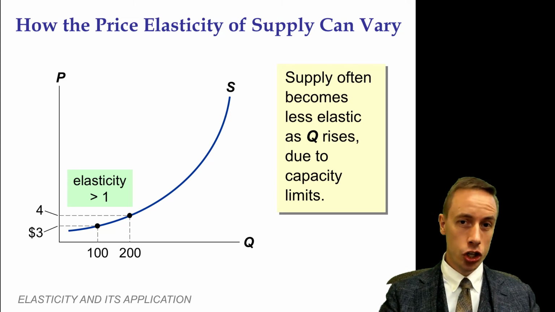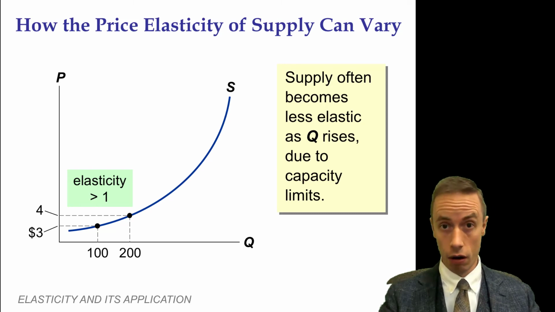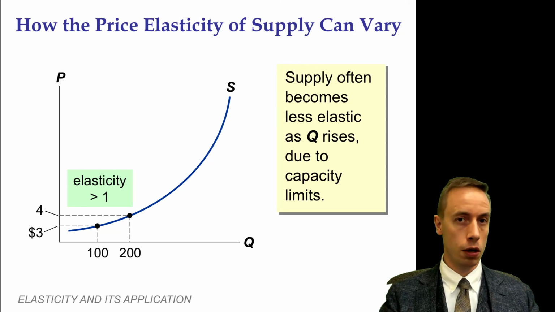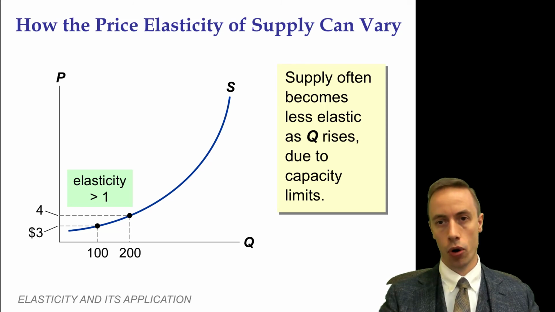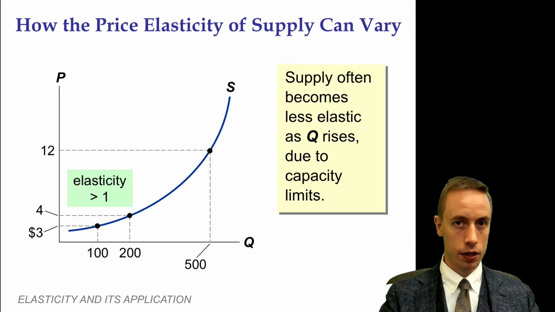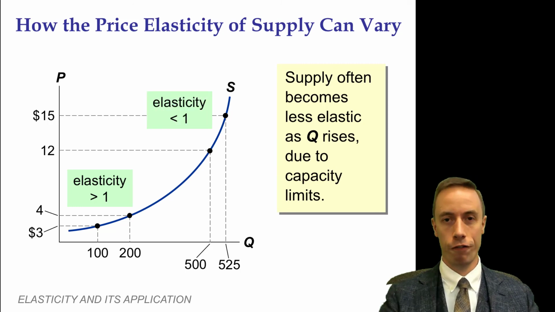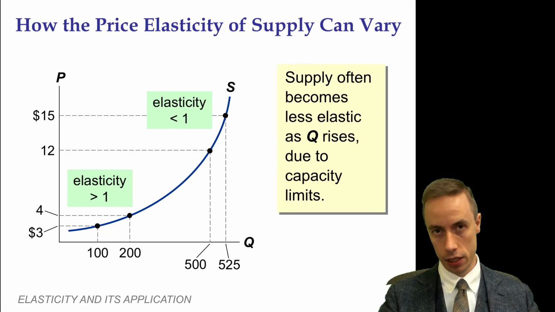But eventually, the factories that are geared up to make this car are running at full capacity. Now, if the manufacturer wants to make more, they have to retool other factories. That's more costly. That means now price increases will result in much lower increases in the quantity supplied. Elasticity will fall when we hit this capacity limit.